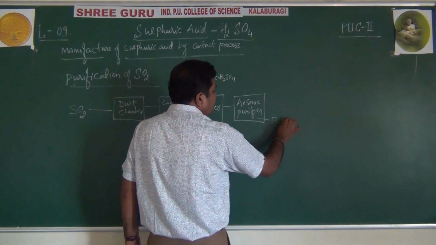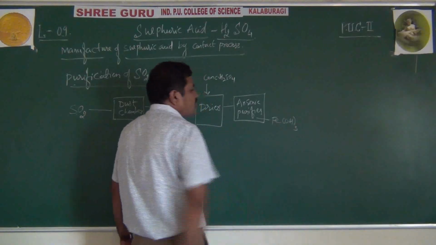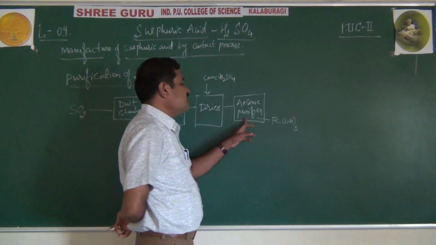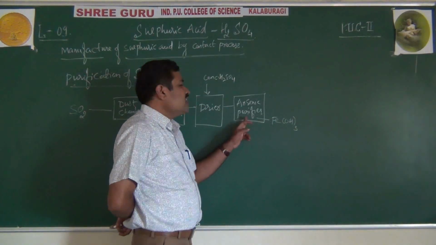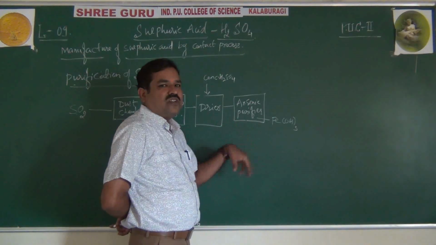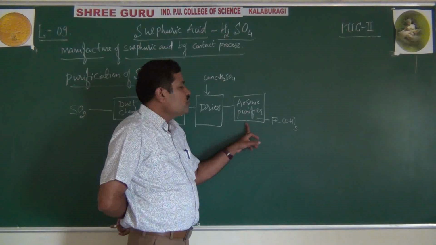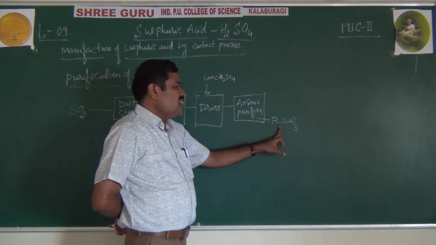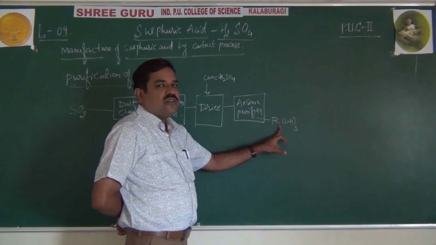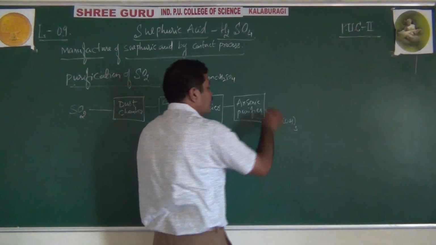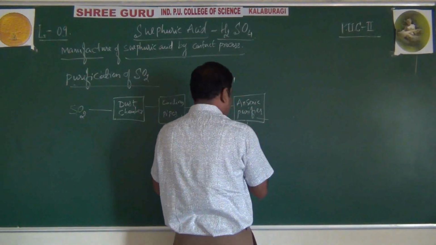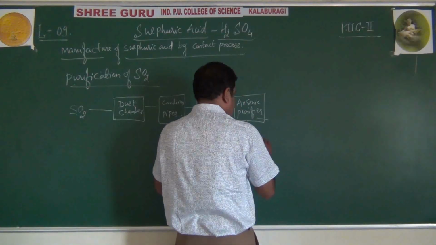Here we place ferric hydroxide. It is a positively charged sol. Arsenic sulfide As2S3 is a negatively charged sol. They coagulate, mutual coagulation takes place, and the arsenic sulfide is removed by the ferric hydroxide.